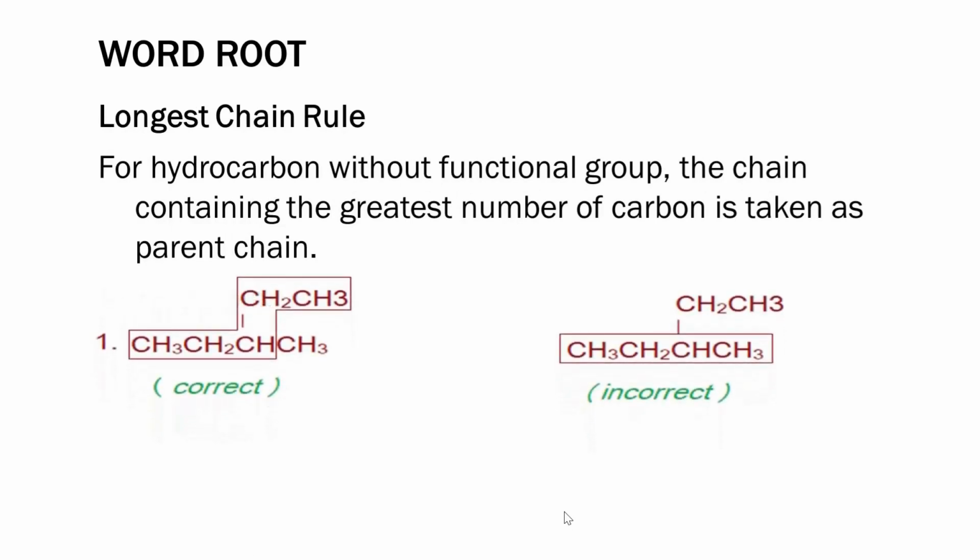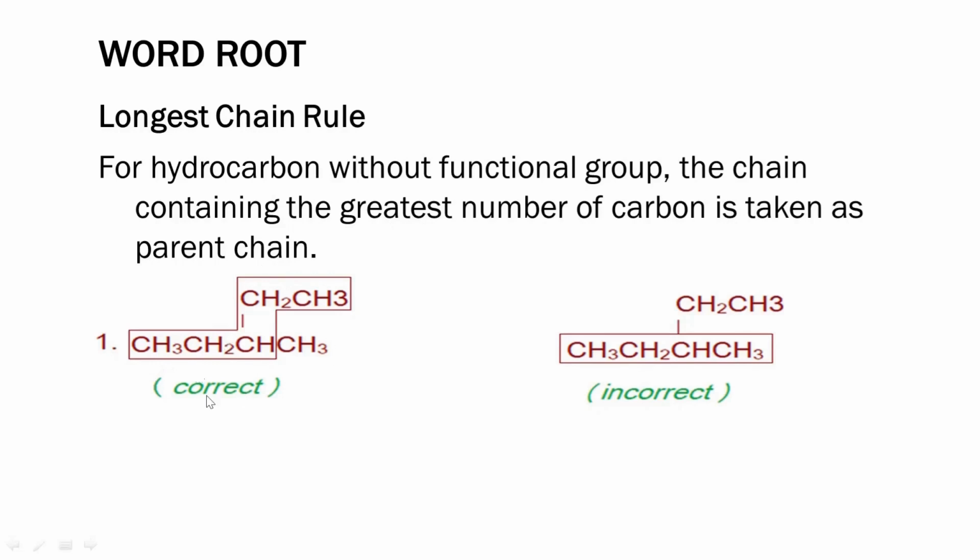For example, here in this example, if we go through like this, 1, 2, 3, 4, 5, we have 5 carbon. If we go through like this, 1, 2, 3, 4, we have 4 carbon. So this is the parent chain, and this is not, because the chain containing the greatest number of carbon is taken as parent chain.